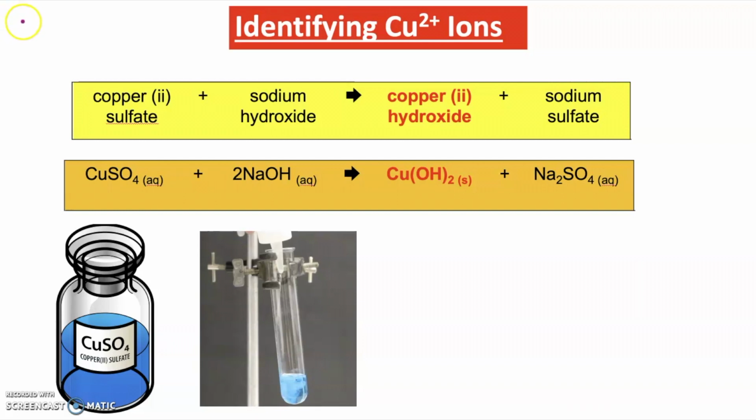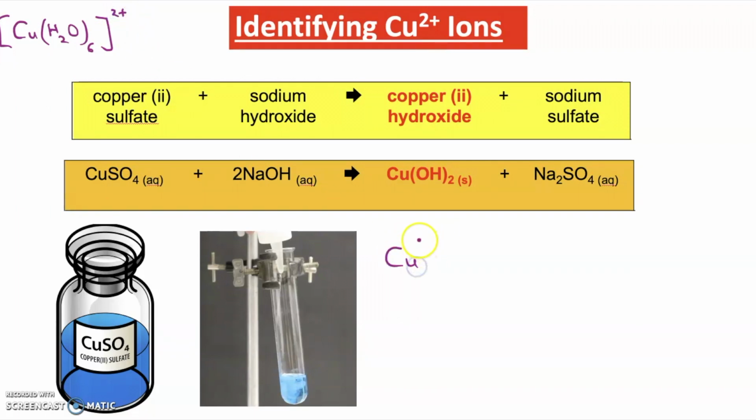Now once again we can write an ionic equation to describe this precipitation reaction, and the complex ion here would be [Cu(H2O)6]2+. This is a transition metal complex that forms when copper 2+ ions are dissolved in water.